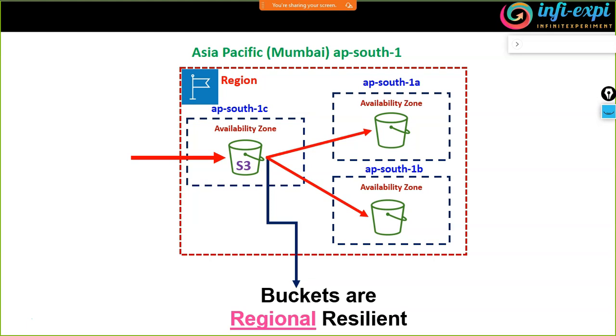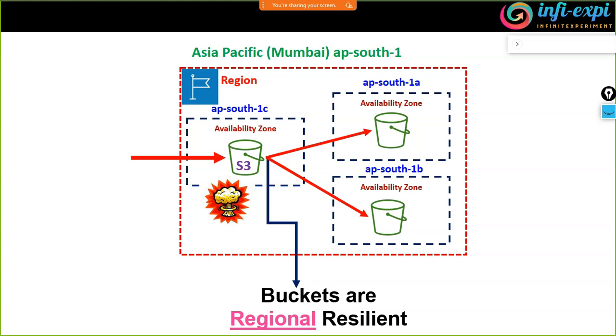Like how you saw the diagram of a data center, which I explained in the last session, similarly, the bucket instance is automatically replicated to the other availability zones. So if there is a blast in a particular availability zone, you can still get the data from the other availability zones. That's why the name itself suggests an availability zone.